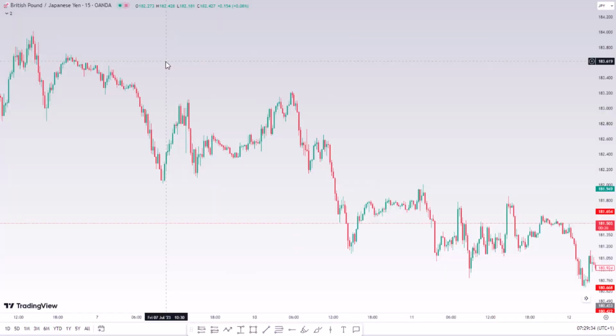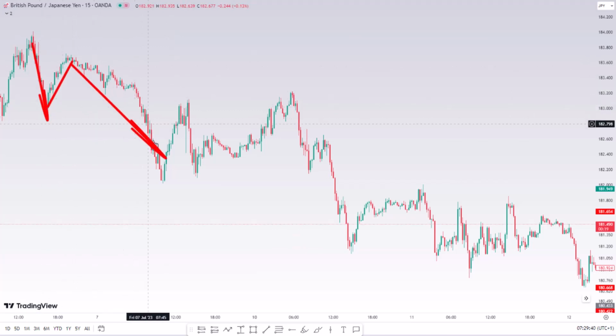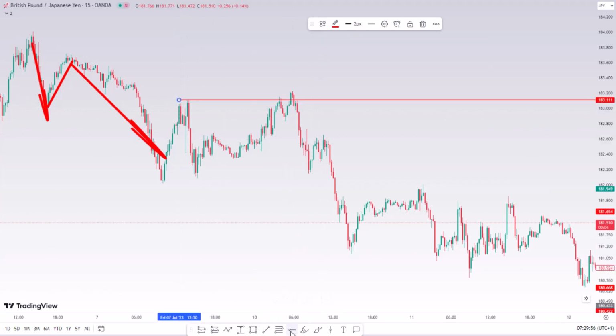Here is another example. Here, if we notice, price was creating a series of lower lows and highs in the market, thus confirming what? A bearish structure in the 15-minute time frame. Next, I'm going to target the highs, all the highs which were created in the market.